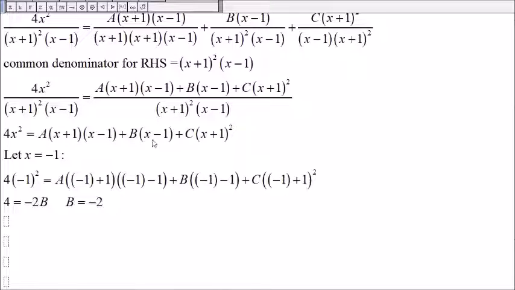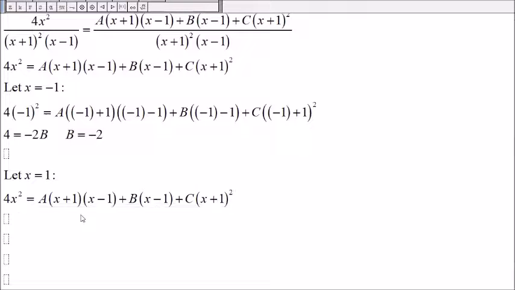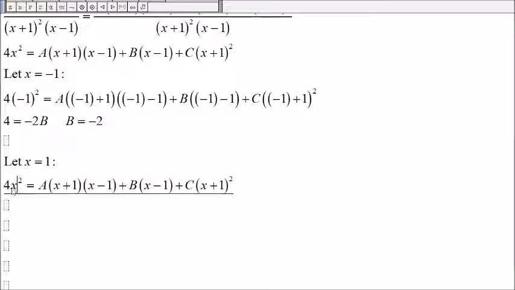And now we can let x be 1. So in the place of x, we have 1.